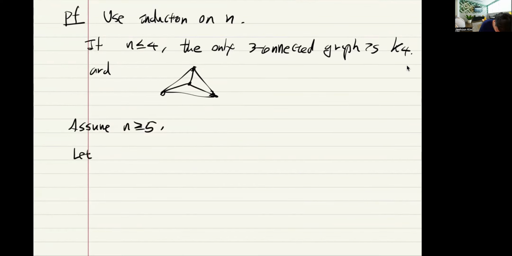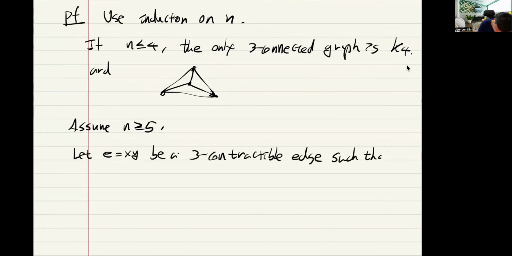So this is 3 connected. So we can take a contractible edge xy, as we have proved in the section on connectivity, such that G contract xy is 3 connected.